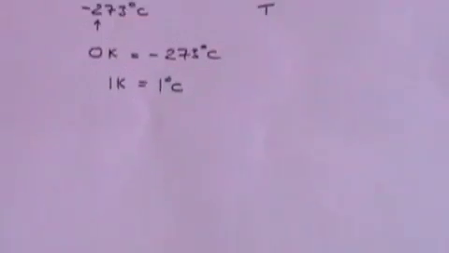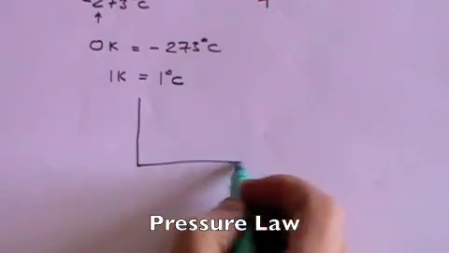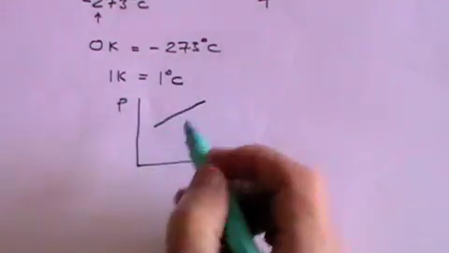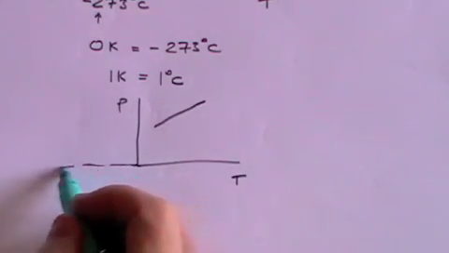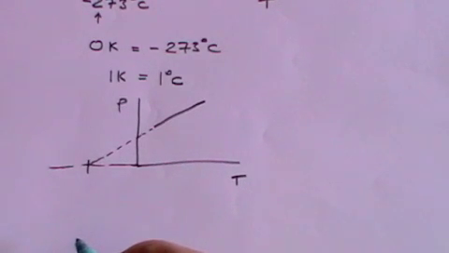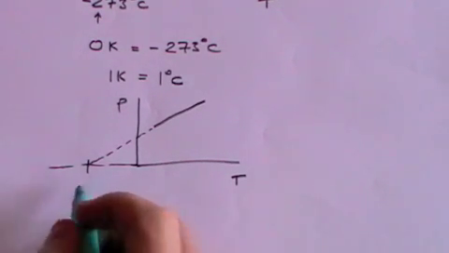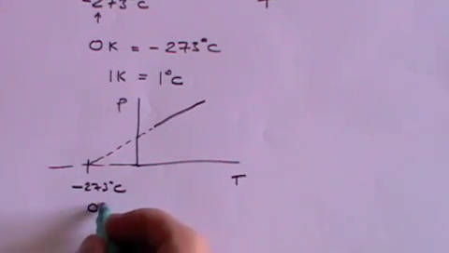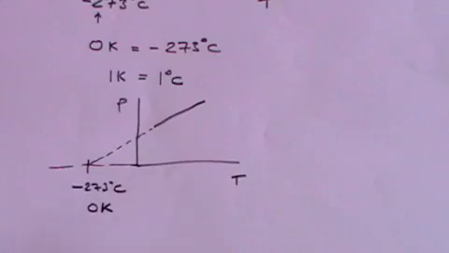Now finally we have a pressure law, and the pressure law relates pressure to temperature. And once again it's a straight line. And once again, if you project it backwards, you find that the pressure becomes 0 at minus 273 degrees Celsius, which is 0 degrees Kelvin.